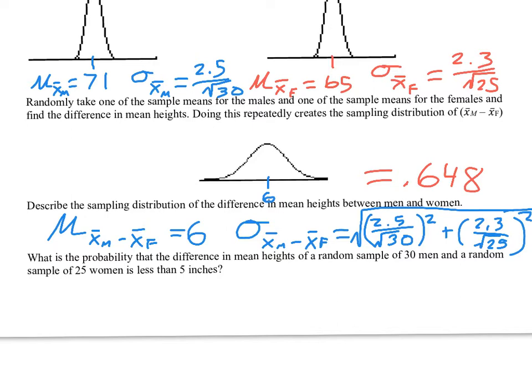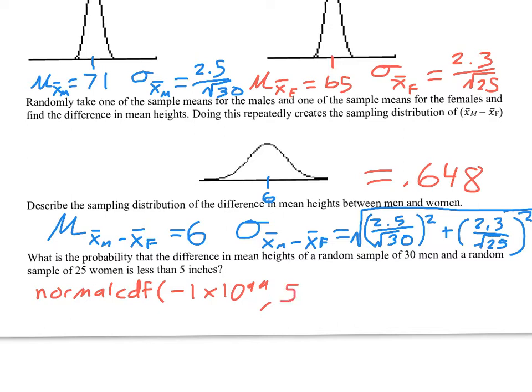What is the probability that the difference in mean heights of a random sample of 30 men and a random sample of 25 women is less than 5 inches? When we calculate this probability, we use normalcdf. They say less than 5 inches, so 5 is our upper bound, which means our lower bound is -1 times 10 to the 99th.